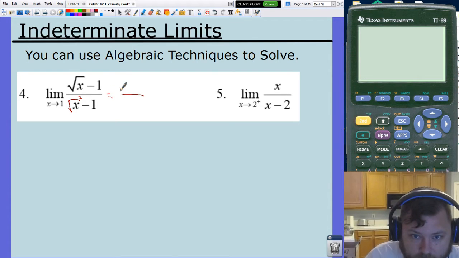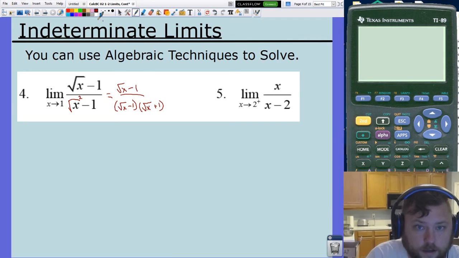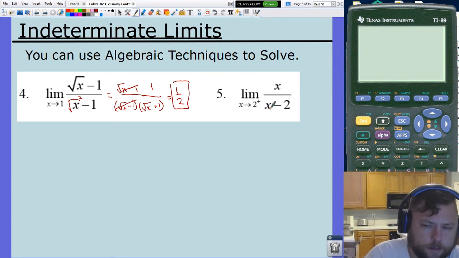So rewriting that as square root of x minus 1 on top, and the bottom is square root of x minus 1 times square root of x plus 1. So you see what cancels right here, boom and boom. You're left with 1 over this thing. You plug in the 1s, you get 1 over 1 plus 1, which is 2. So 1/2.